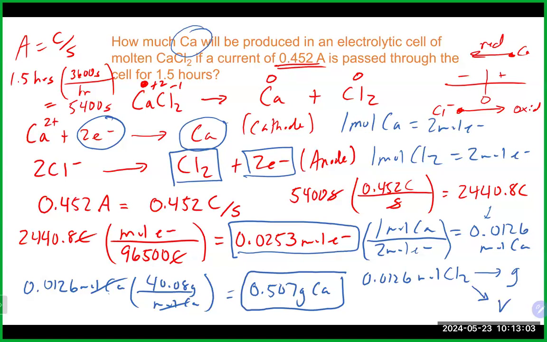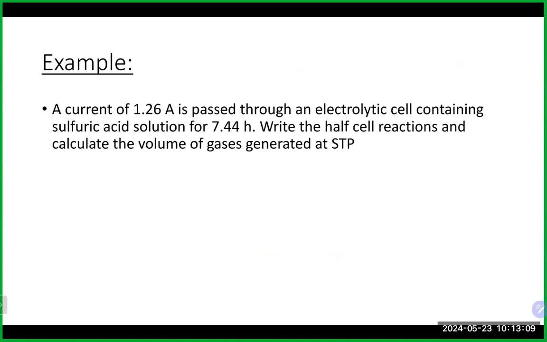All right, then why don't you try this one and see what you come up with. A current of 1.26 amperes is passed through an electrolysis cell containing sulfuric acid for 7.44 hours. Write the half-cell reactions and calculate the volume of gases generated at STP.